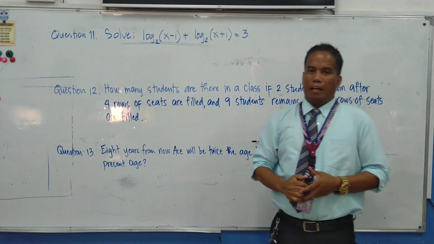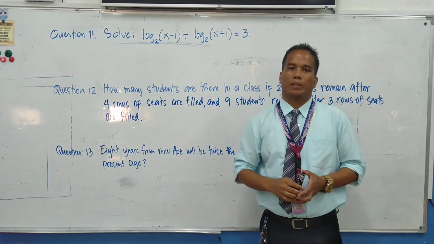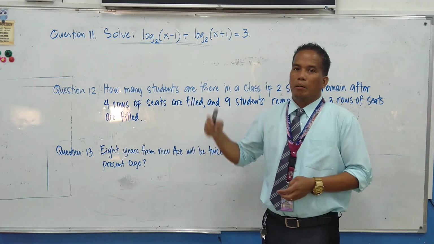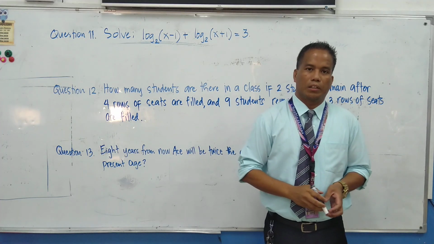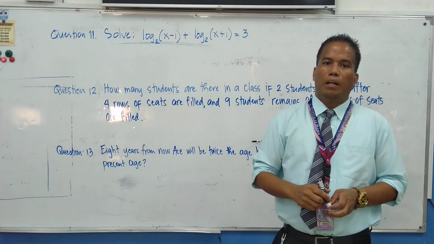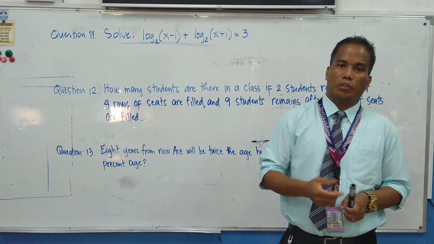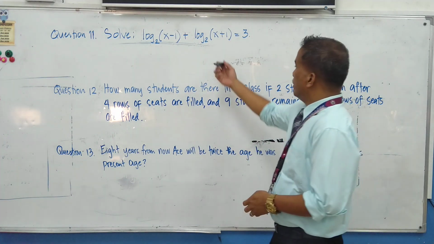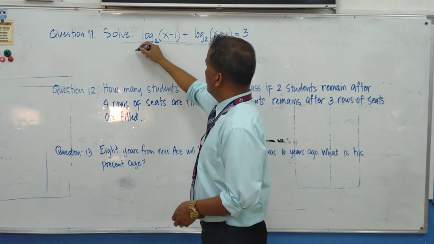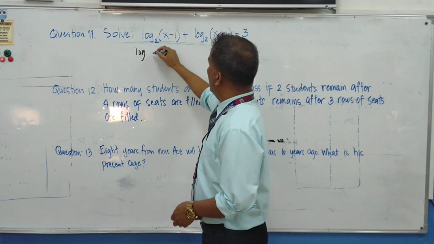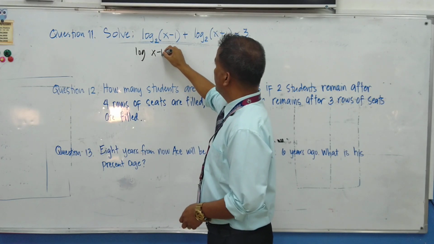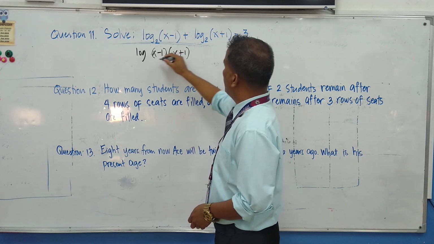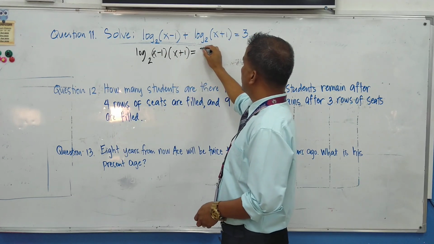If you have an idea about logarithms, under the law of logarithm, we can rewrite this question in the form of multiplication. It will become logarithm of x minus 1 times x plus 1 to the base of 2 is equal to 3.